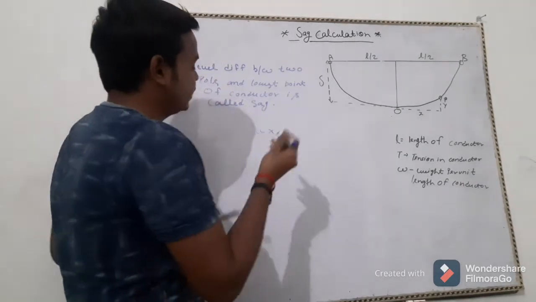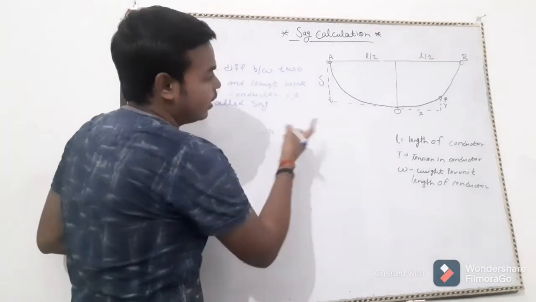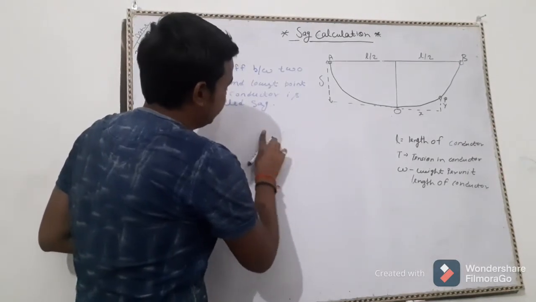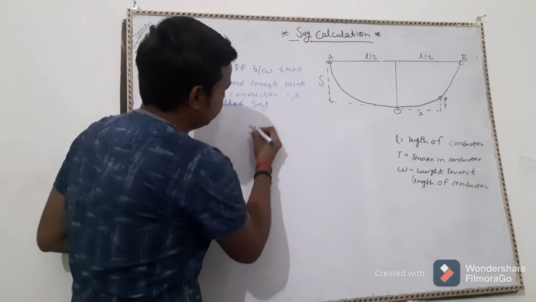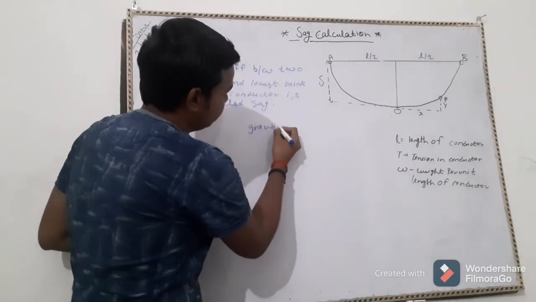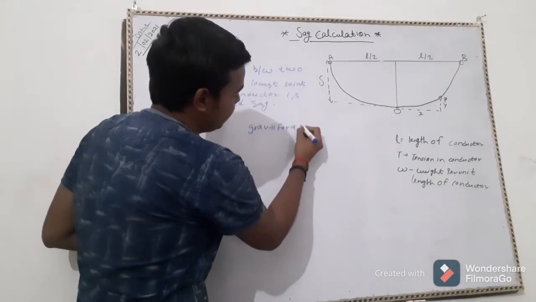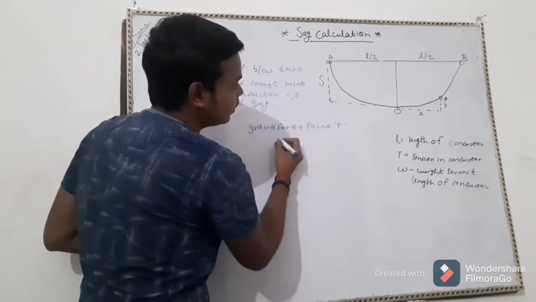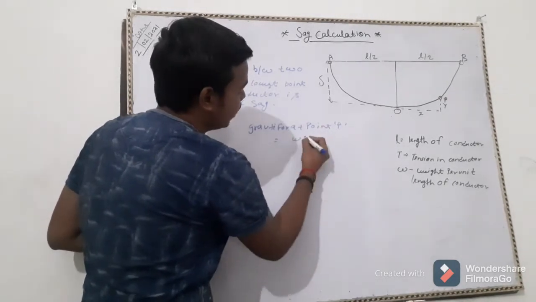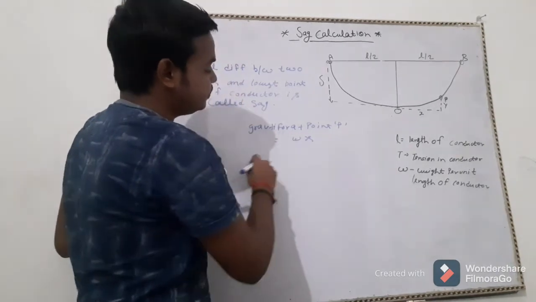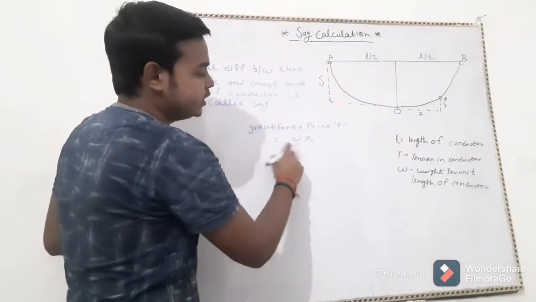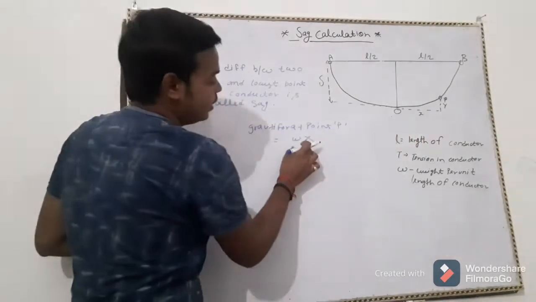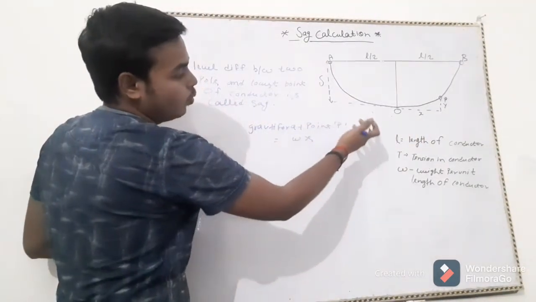Here W is the weight of conductor and x is distance between O and P.